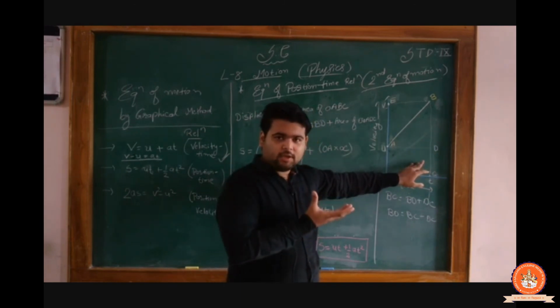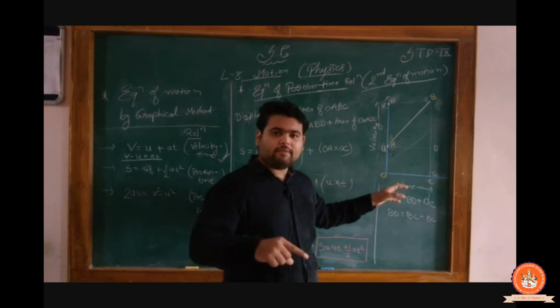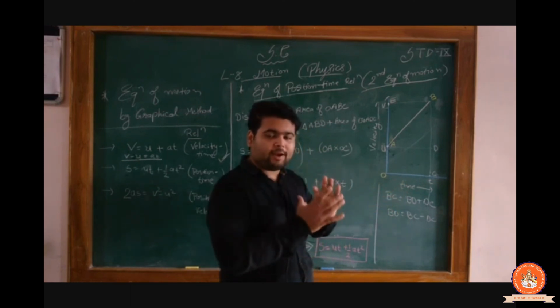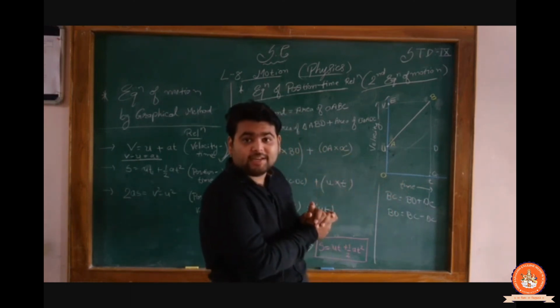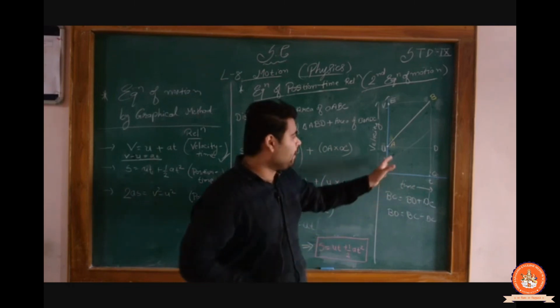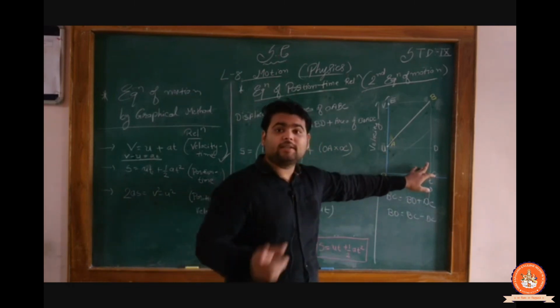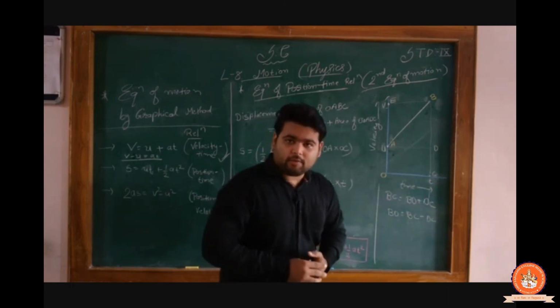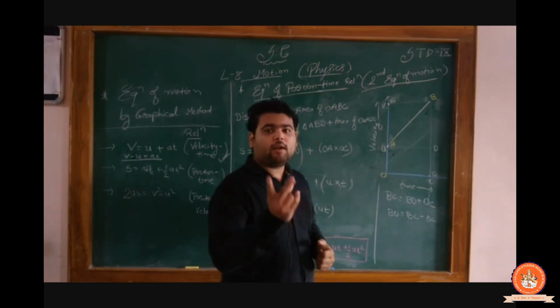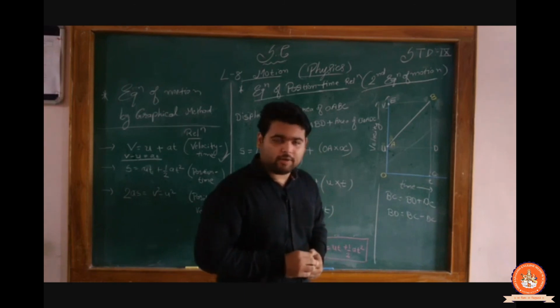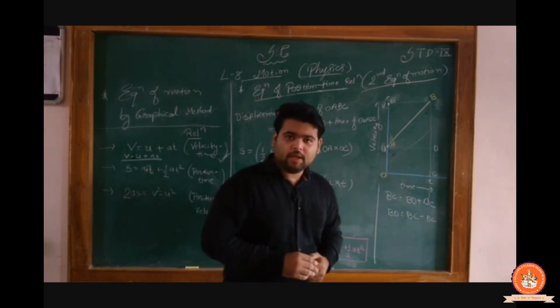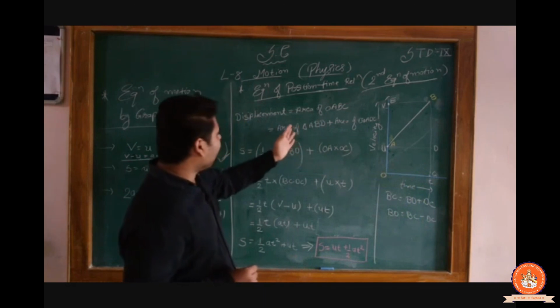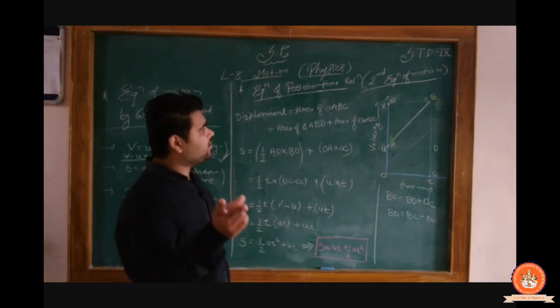Because we know very well that the area of a trapezium, from the graph, has two sides parallel and it's a quadrilateral, and the other two sides are unequal. So it can be the area of the trapezium.